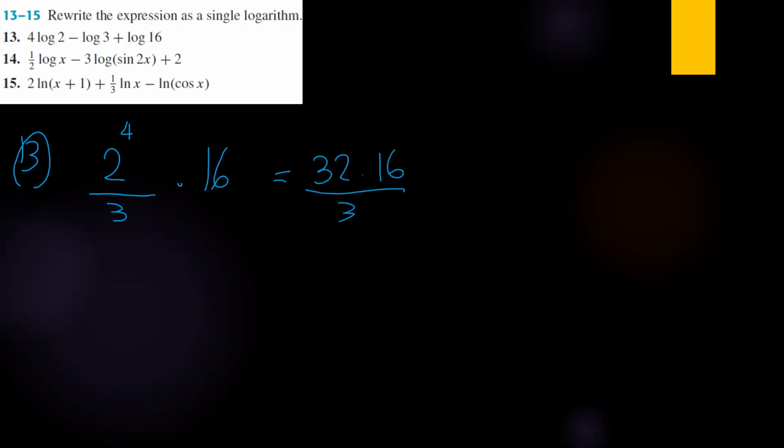This is the final answer here. Let's find it here. 32 times 16 over 3 is 170.66. This will be number 13.